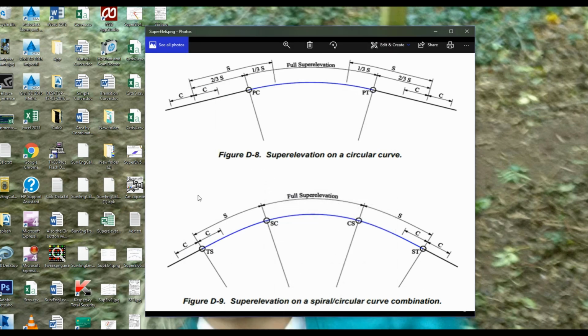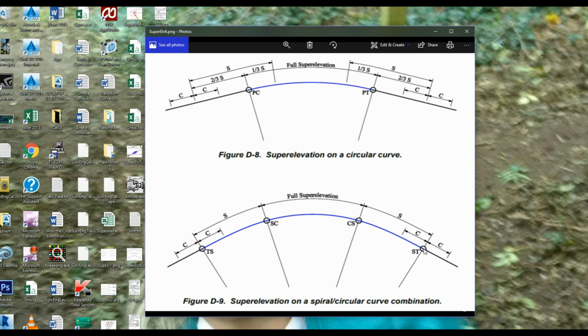Okay, so I know from tangent to spiral there, I've got 34.412 will take me to run out, which is there, and that will take me to normal crown rate there. So I'll subtract that from that chainage, that will give me that there, and then I can add it to this chainage, and that will give me continuous crown, and vice versa on the other side there.